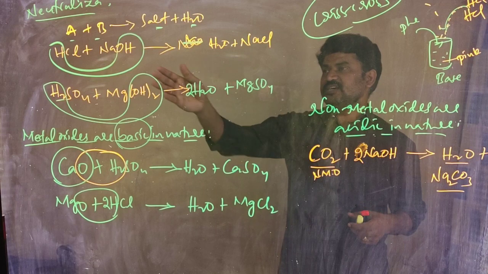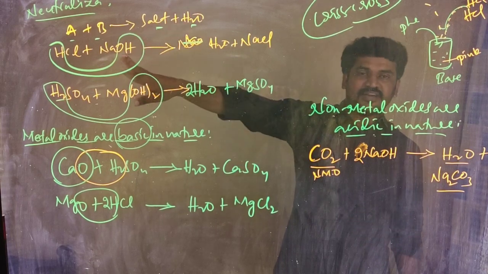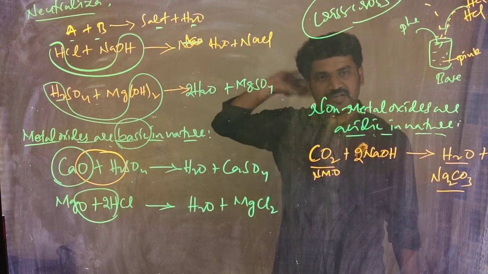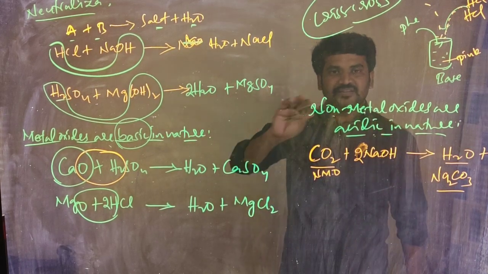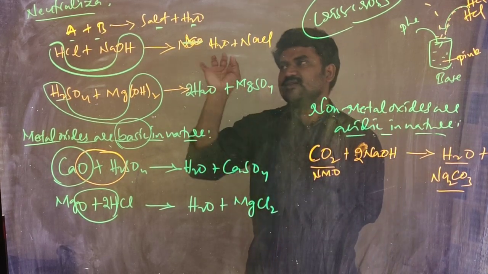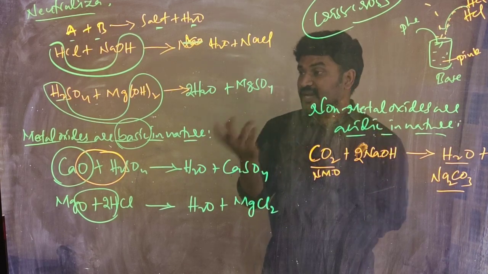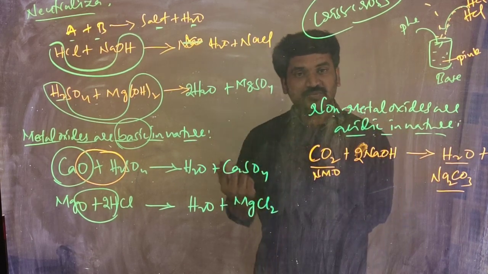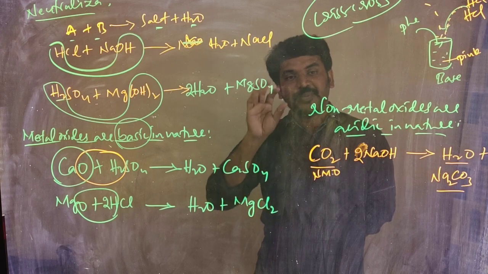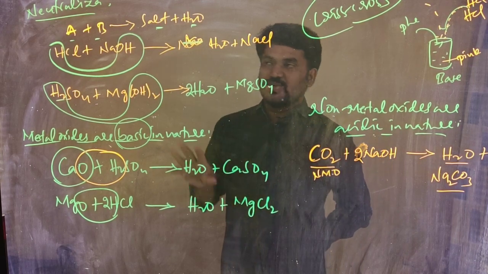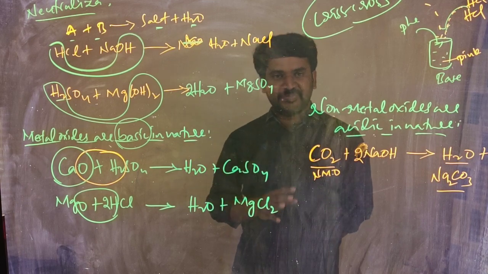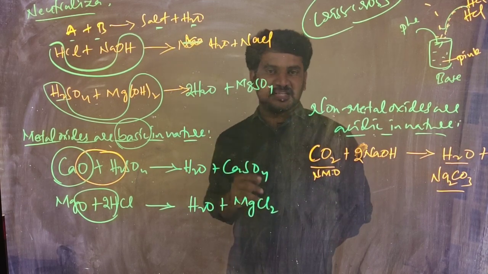Once again, neutralization means when acid and base react, they produce salt and water. Simple thing. Any reaction, if they produce salt and water, that is a neutralization reaction. And how much acid and base should we add? A minimum amount we should add to neutralize the acid or base. So that is one neutralization reaction.